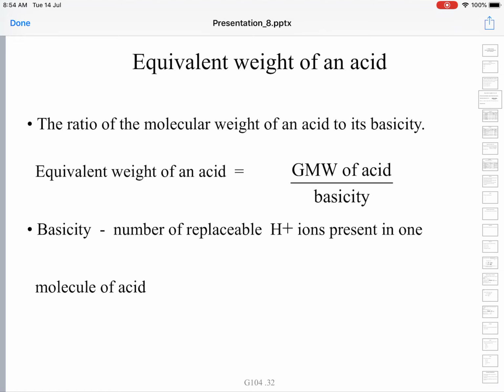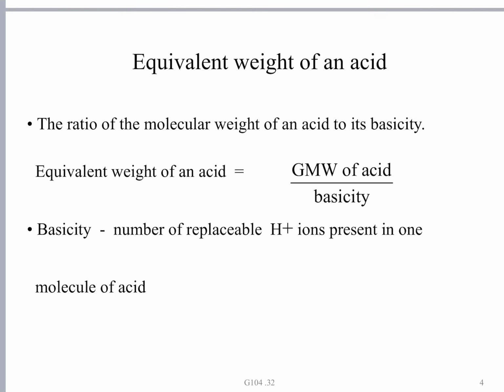So, though formic acid contains 2 hydrogen atoms, its basicity is only 1. Likewise, if you take acetic acid CH3COOH, there are 4 hydrogen atoms, but CH3COOH ionizes as CH3COO minus, the acetate ion, plus H plus.